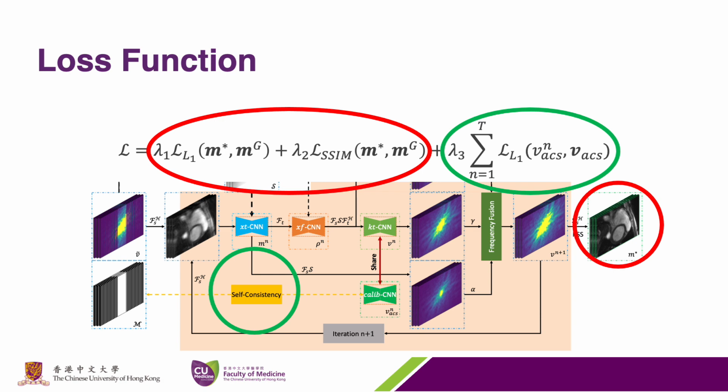Additionally, we applied an L1 loss to constrain the collaboration CNN model throughout training. This constraint helps maintain consistent embedding of acquisition features in each iteration, thereby preserving the integrity of the acquired data during the reconstruction process.